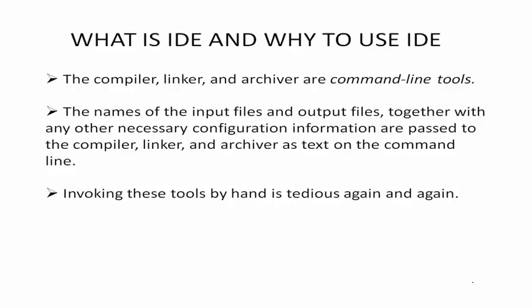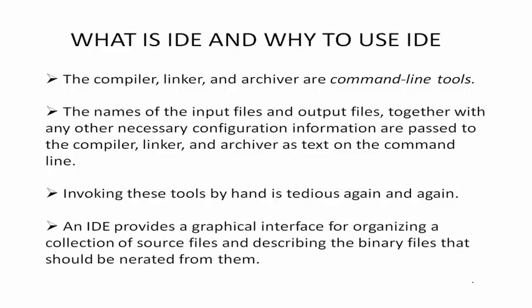It's time consuming. So to solve that, we're going to use IDEs. An IDE provides a graphical interface for organizing a collection of source files and describing the binary files that should be generated from them. We just need to click some buttons in the IDE, the graphical user interface, and then the specific compilers, linkers, archivers, and all these things are called automatically, and we'll get the application.